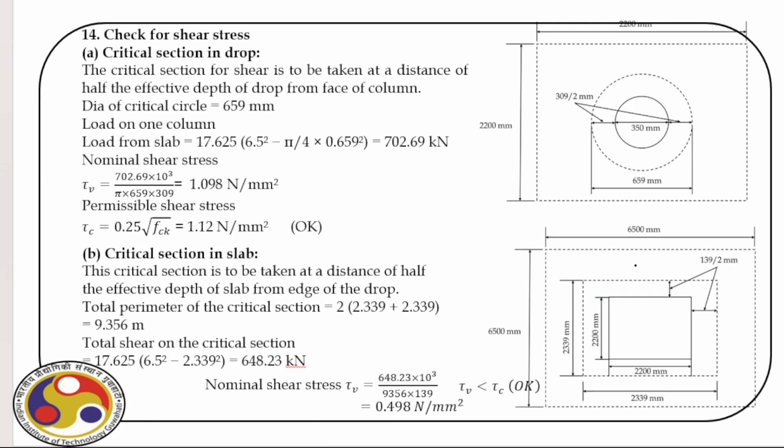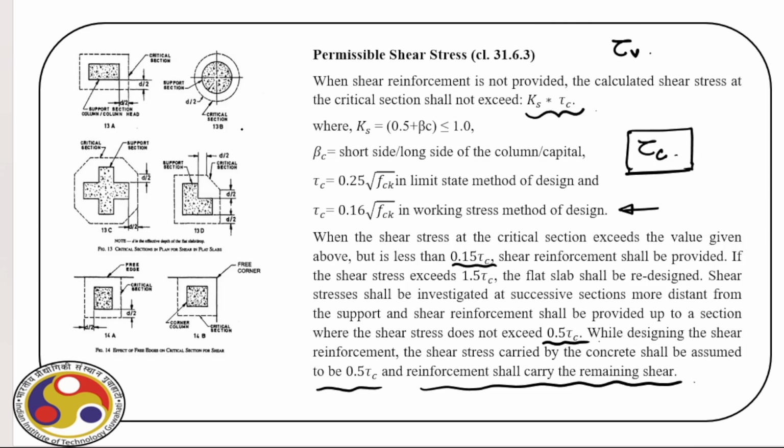Okay. Then the final check, we have to check for shear, because we have already designed the reinforcement for bending. Now for the shear, first we have to find out the critical sections. Recall the codal provision I showed you earlier. Here we have the critical section marked for circular columns.